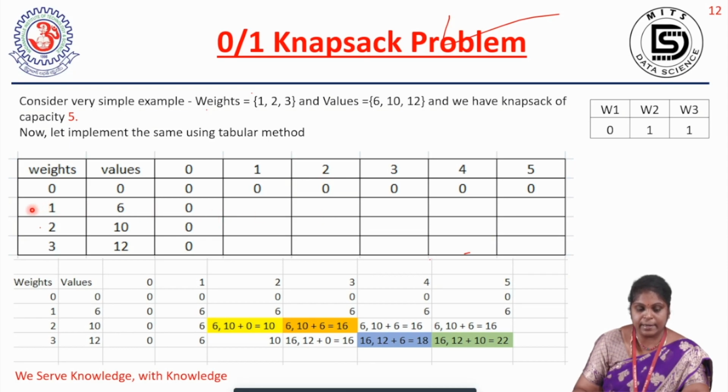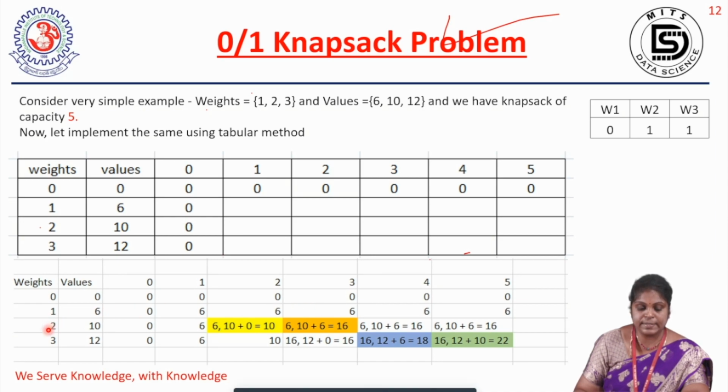Up to row 1 I have only one item, whatever the bag size, and that item is 1 kg. So in all cases I can keep only one item. So this entire first row is filled with the profit of the first item. What is the profit of the first item? 6. If you see the table below, the entire first row is filled with 6. Because I have only one item, that item weighs 1 kg, in any bag I can keep that item, so I am earning the profit of 6.